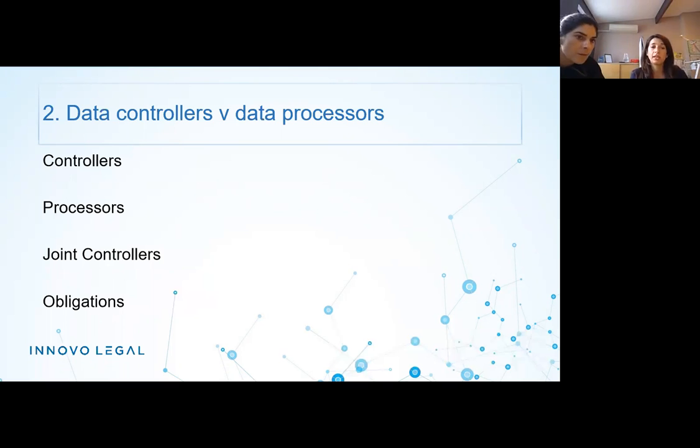They both have obligations, but basically the controller has more obligations because the controllers determine the way, the purposes and the means of processing. So, for example, if you're an IT provider and a bank tells you this is how I want my data, and you basically provide IT services, then you'd be the processor and the bank would be the controller.